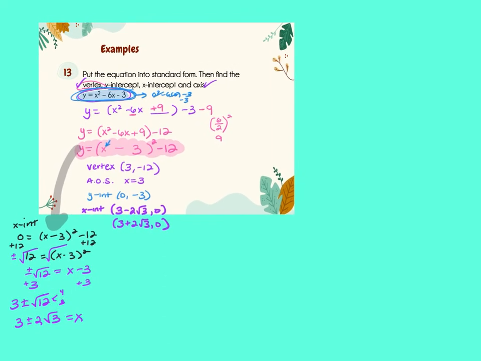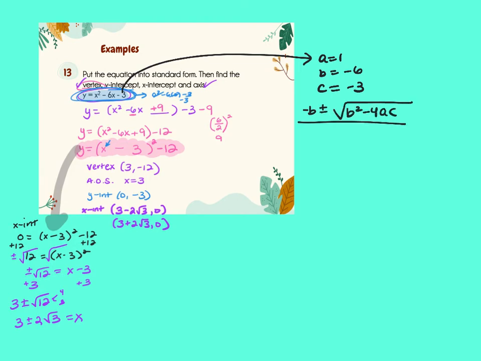So I'm going to also show you quadratic form because that's your other option. A is 1, B is negative 6, C is negative 3. So negative B plus and minus the square root of B squared minus 4AC over 2A.